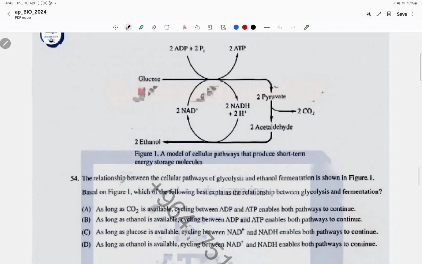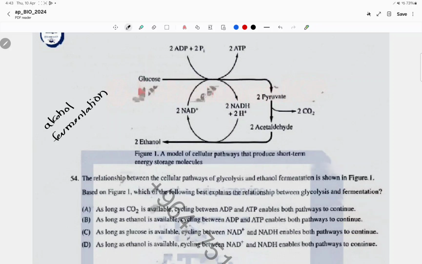Okay, here we have glucose becoming pyruvate, which then becomes ethanol. That's basically what we call alcohol fermentation. So, based on figure 1, which of the following best explains the relationship between glycolysis and fermentation?